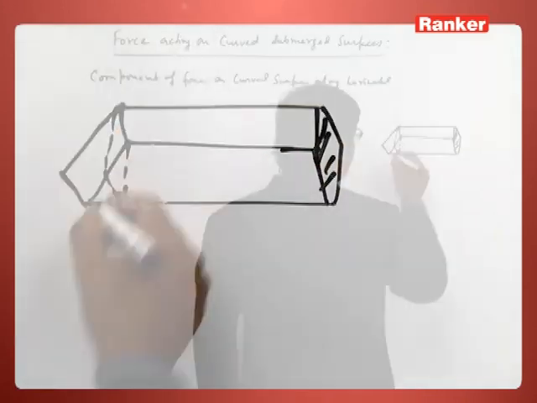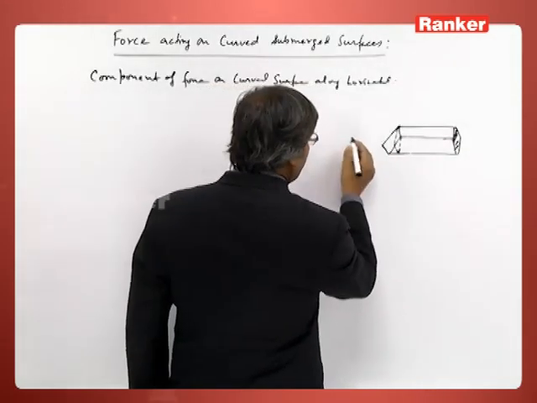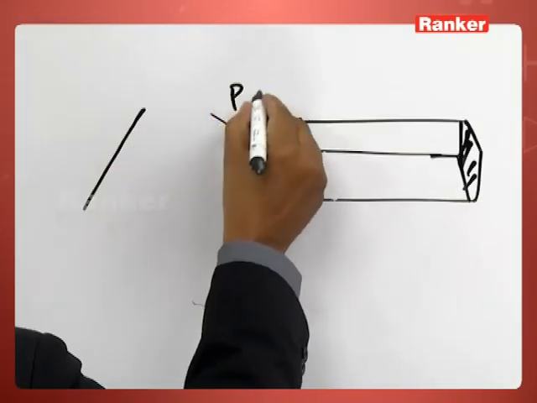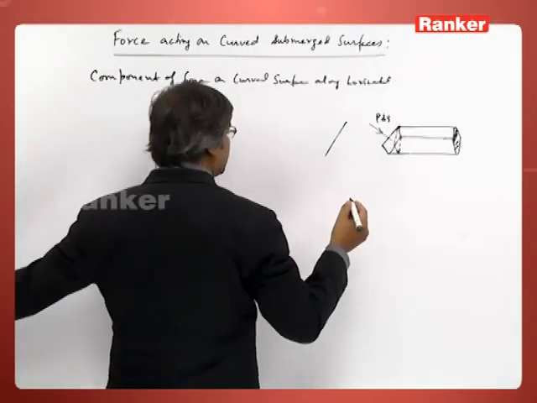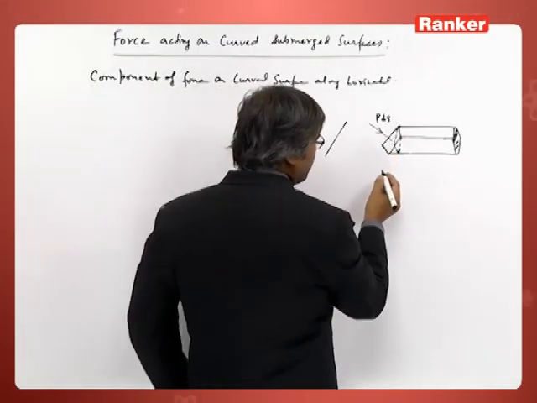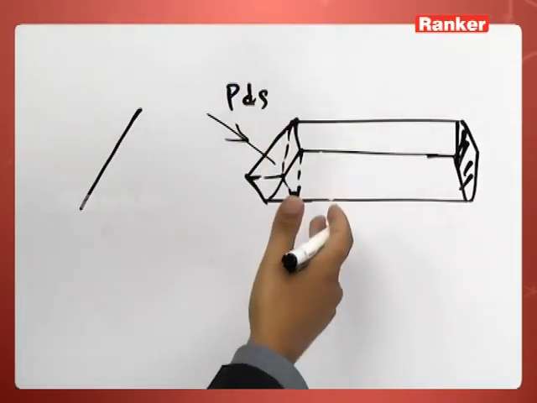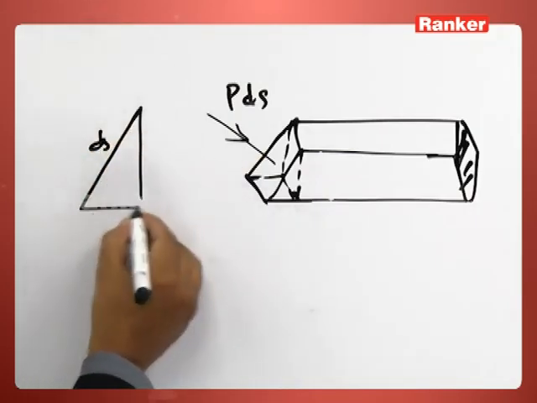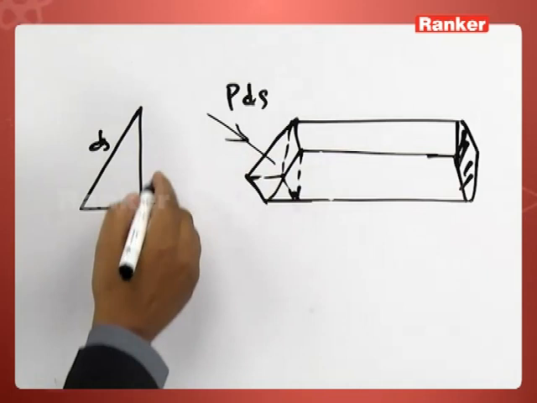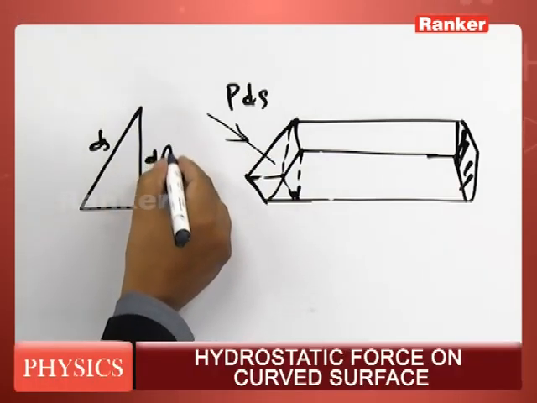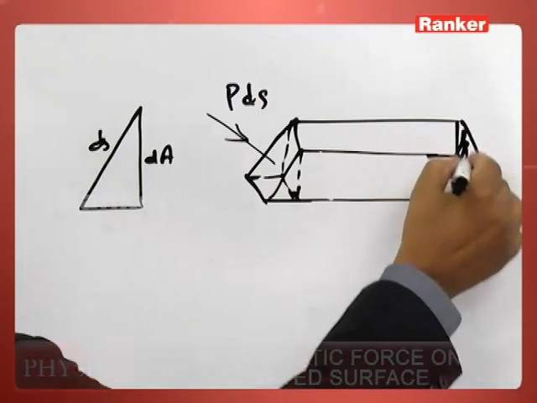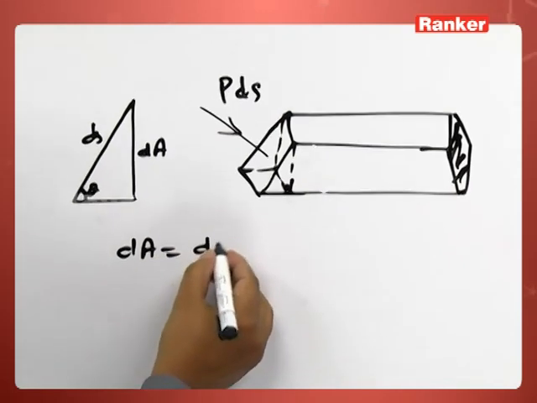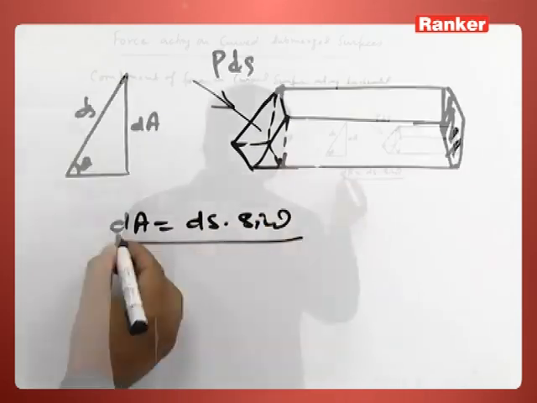The pressure force here is P into ds, where ds is the curved surface area, and this curved surface area has a projection along the vertical as well as the horizontal. In this view, the shaded area is dA, and this angle is theta. So we have dA equal to ds into sine theta.